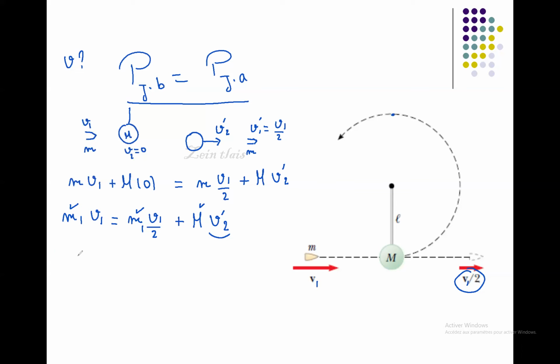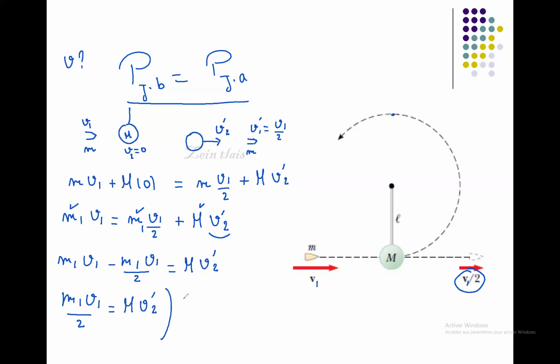So m V1 minus m V1 over 2 equals M V2 prime. We can say here 1 minus half, so we have half m V1 equals M V2 prime.